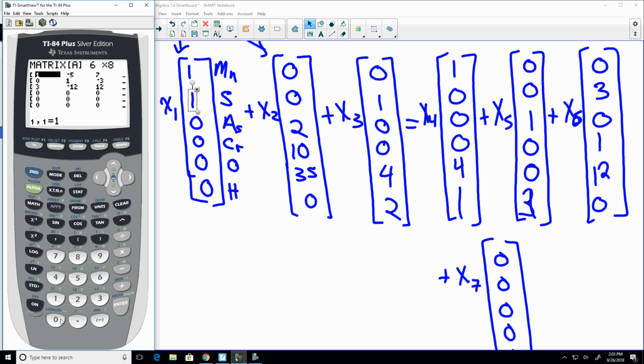1, 0, 0, and then negative 1, 0, 0, 0 on the last one. I think I missed one. Oh, I had another one. Okay. 1, 0, 1, 0, 0, negative 3, 0, 0.